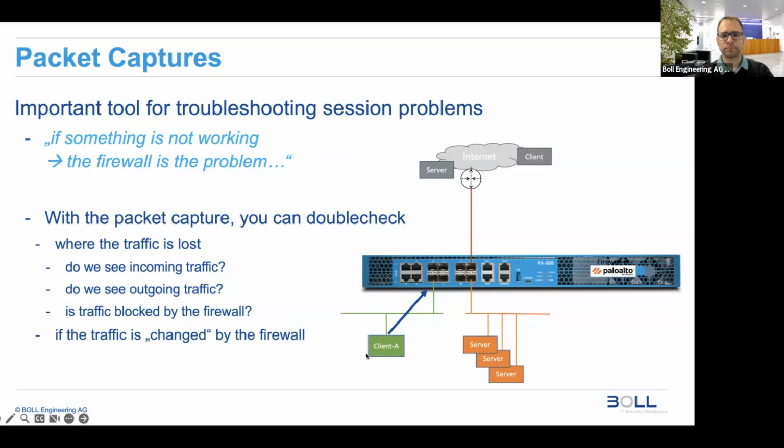Or on the other hand, let's say you see the incoming traffic and the traffic is sent to the server, but you do not get an answer. Of course, the client says it's not working. But in this case, if the traffic is sent out to the right gateway and network address translation is in place if necessary, and if everything has been done correctly by the firewall and the server is not answering, you have proof that it's not the firewall.